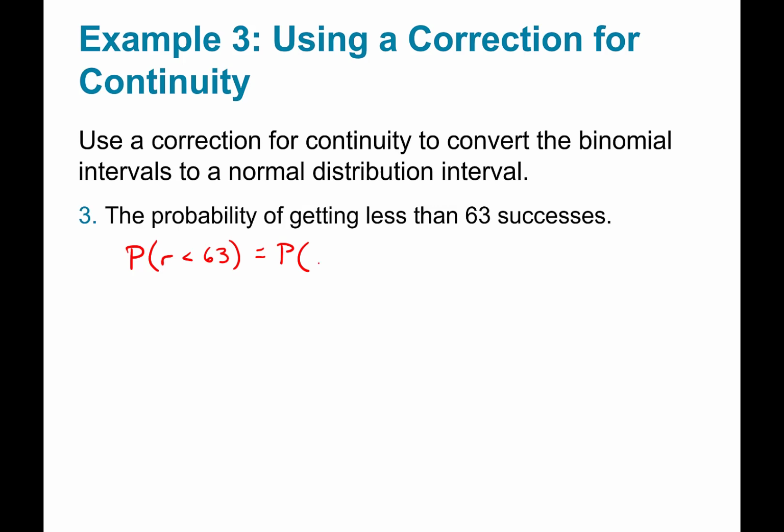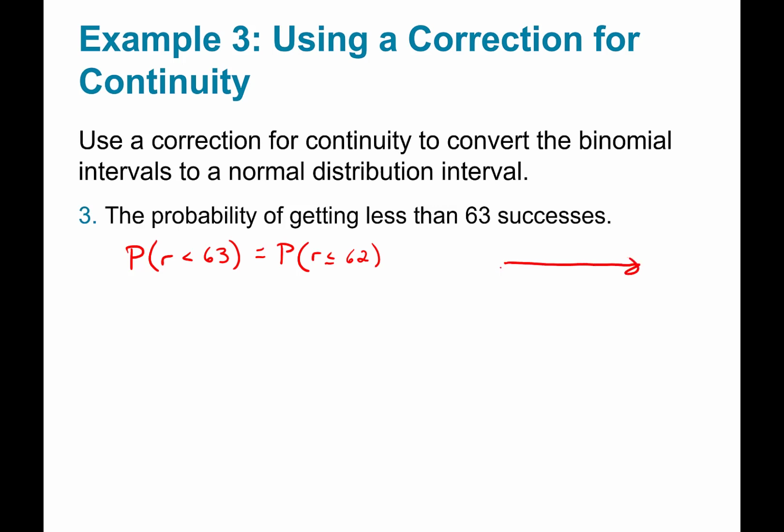If it's less than a value, you go down 1, so 63 goes down to 62. If it was strictly greater than something, you would add 1 to it to get up to the next number. But in this case it's less than, so this becomes r is less than or equal to 62.